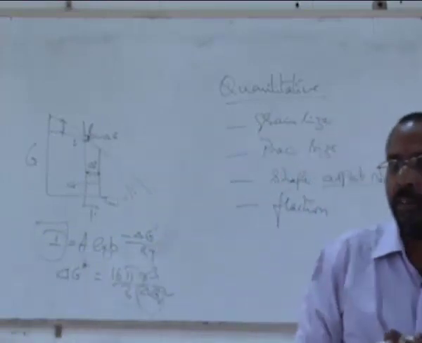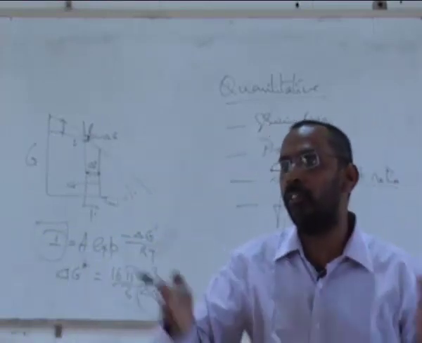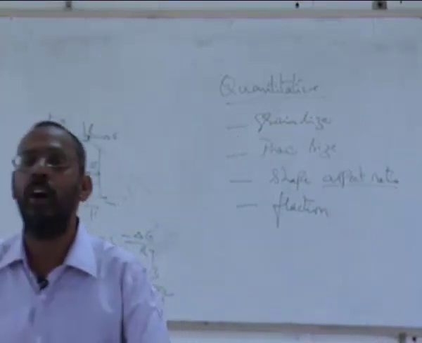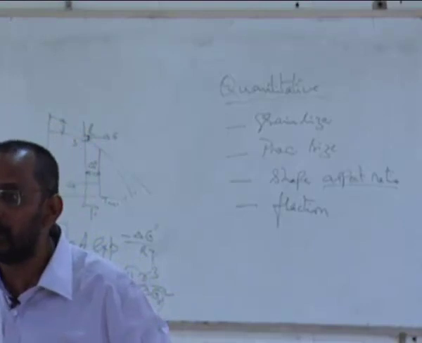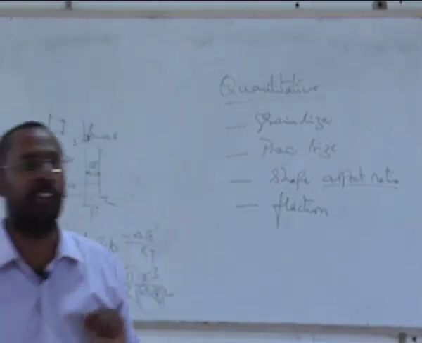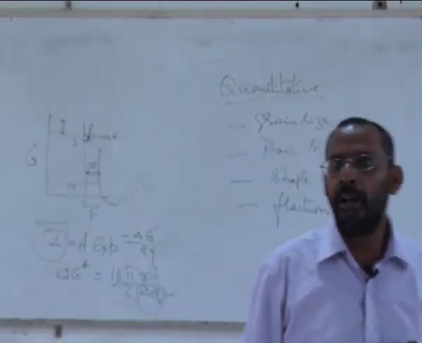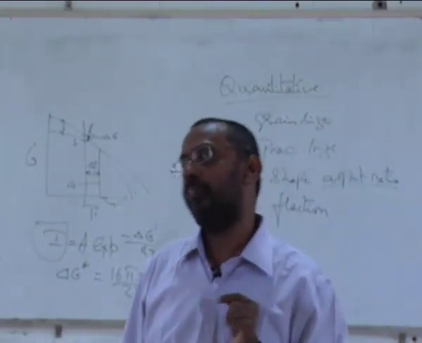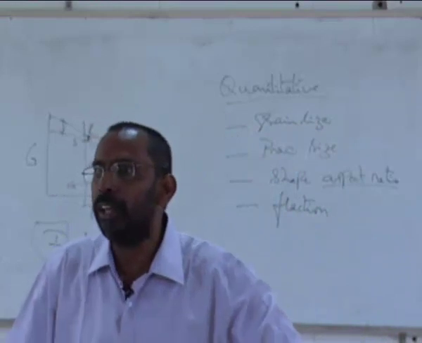Not just the size. When I say size, not all grains will have the same size. It is next to impossible to find all grains of the same size. The reason is, even if I am talking of solidification, solidification is composed of two features, two I would say events.